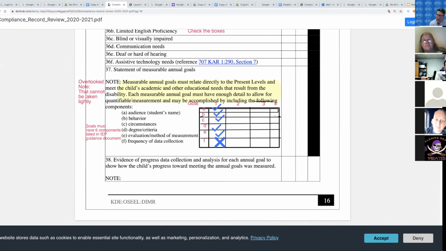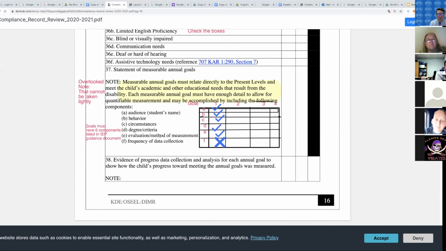So it's right there in black and white. Attack the things that result from the disability first, okay? And then if they're significantly below the same age peers in other areas, you can add those on as well, okay? But you've got to attack those things that make them eligible first.